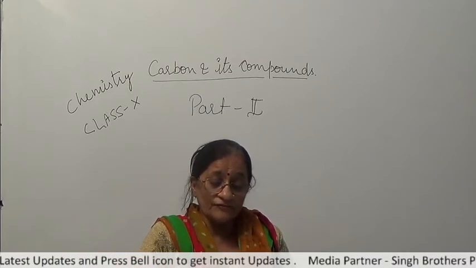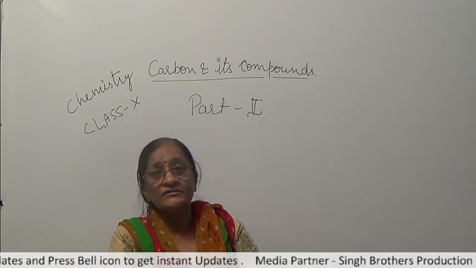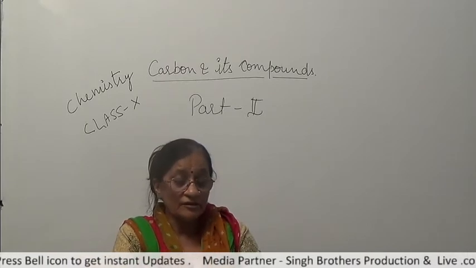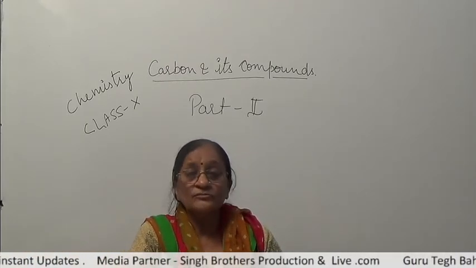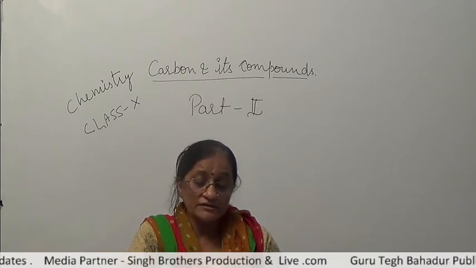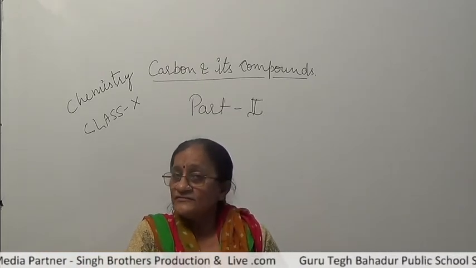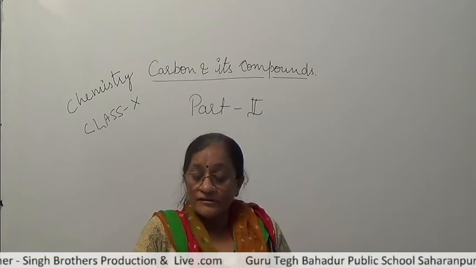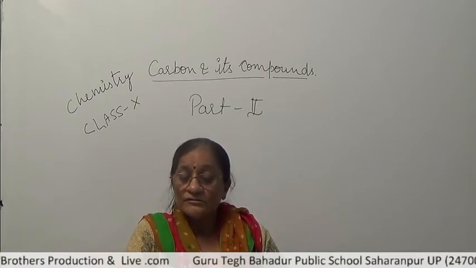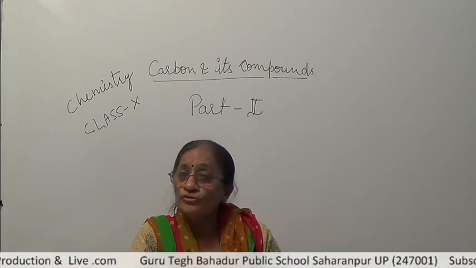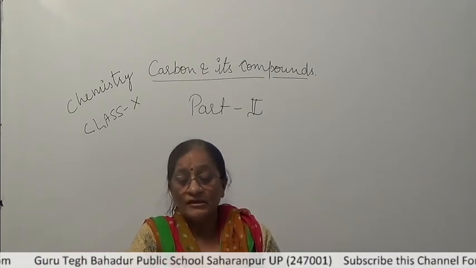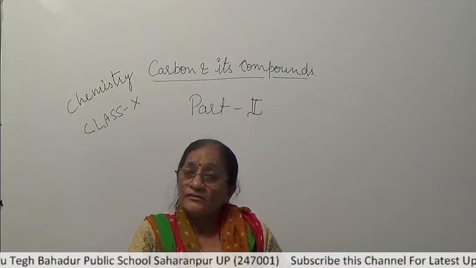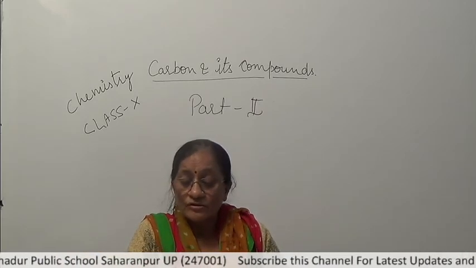Besides that we discussed bonding in carbon compounds. Carbon compounds form covalent bonds, and as we discussed yesterday, a bond formed due to mutual sharing of electrons by combining atoms is called a covalent bond.